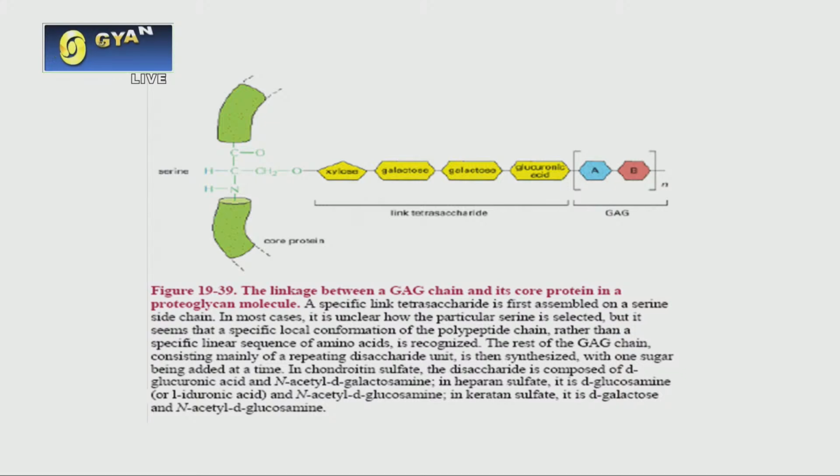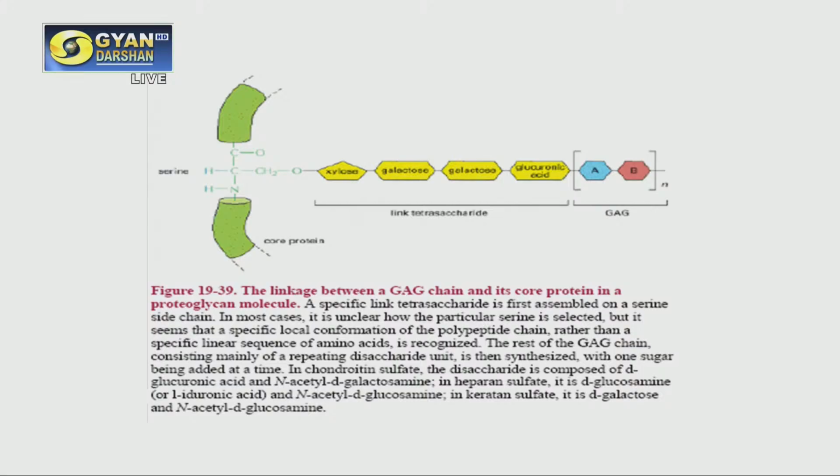So if you see the chemistry, n number of GAG chains, we don't know how many, are connected to the core protein through a link tetrasaccharide. And what is the amino acid that is involved in this linkage?